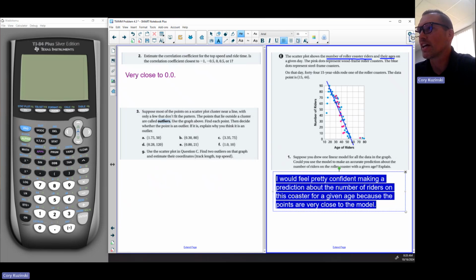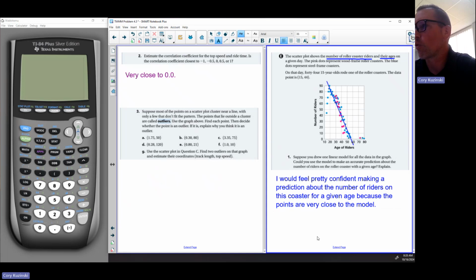So if I said, predict how many riders of age 40 were on this roller coaster, you could go to this 40 right here, go up here and say, I think there's about 40 riders that were 40 years old. And I could go to 50 and say, I'd say there's only 10 riders that are about 50 years old. I feel pretty confident about that.